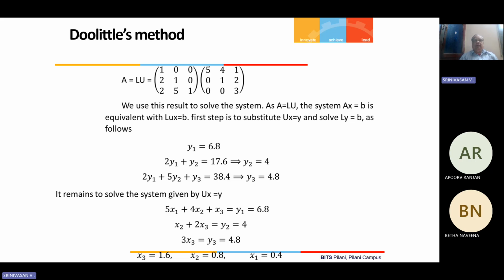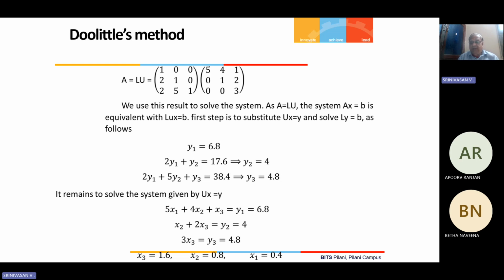So 5x1 will be 2, x1 is 0.4. Thus, you are having x1 equal to 0.4, x2 is equal to 0.8, and x3 is equal to 1.6. You can finally, of course, list the solution set in that order of x1 equal to 0.4, x2 is equal to 0.8, and x3 equal to 1.6.